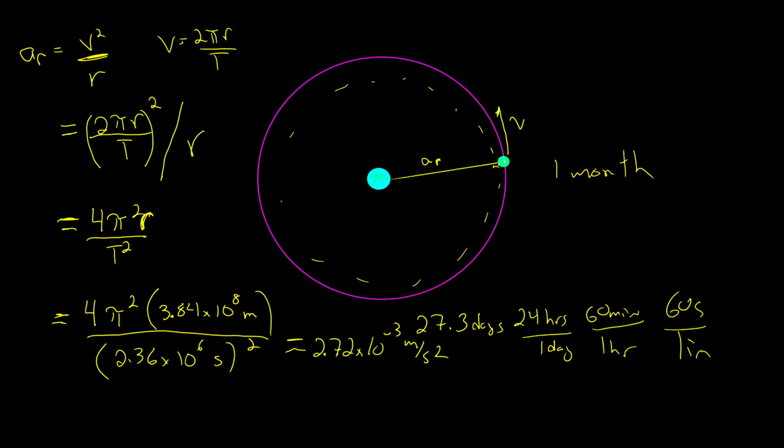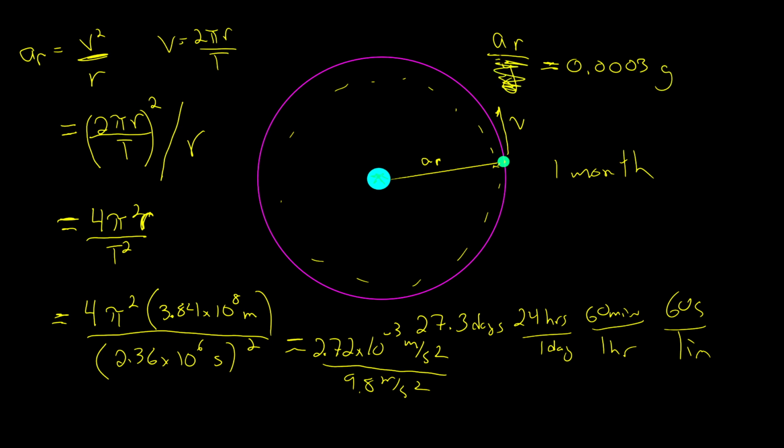Now what I can do with this acceleration due to the moon is compare it to g. And so we can say, how many g's is this? So if I take this and divide it by 9.8 meters per second squared, let me get my zeros right, yep, 2.78 times 10 to the negative 4th, or roughly 3/10,000ths of a g.